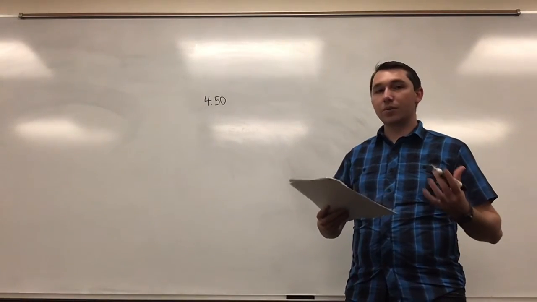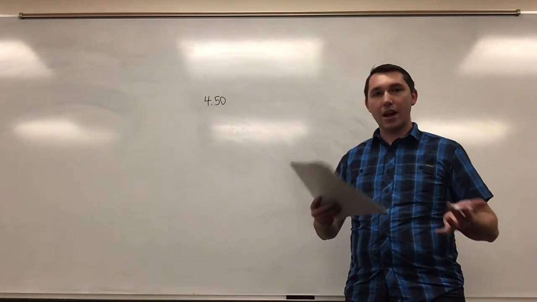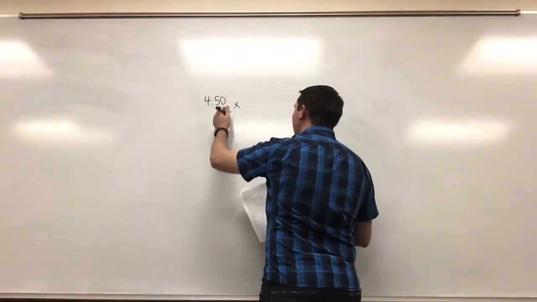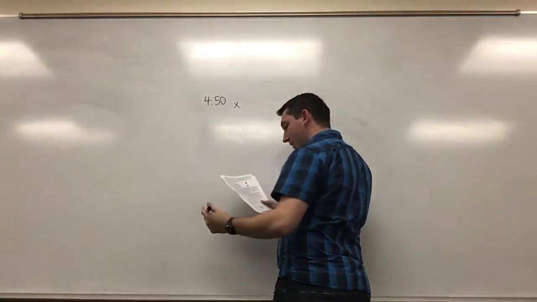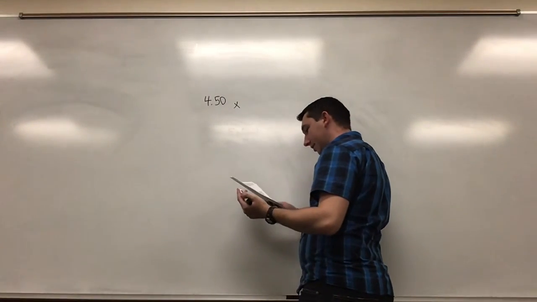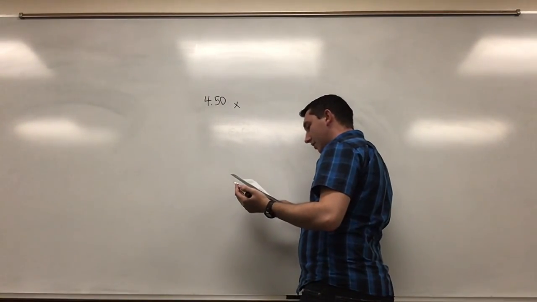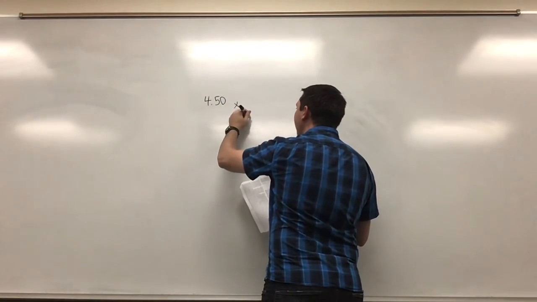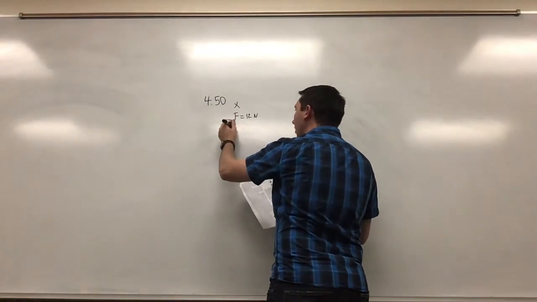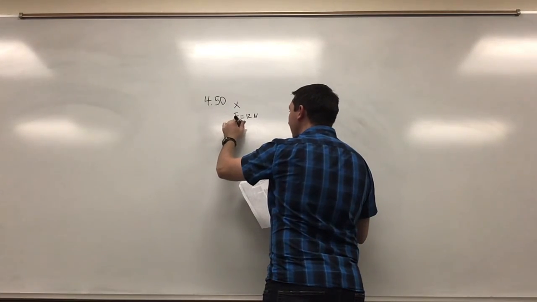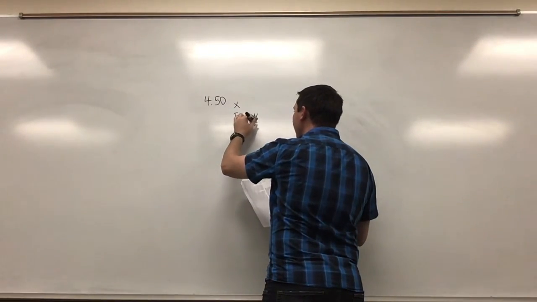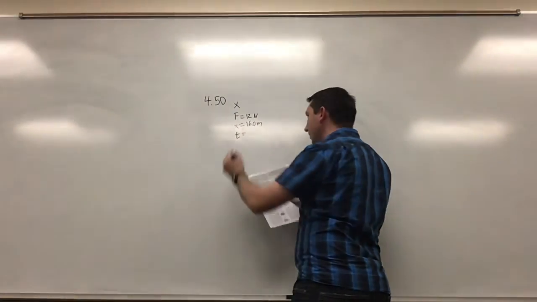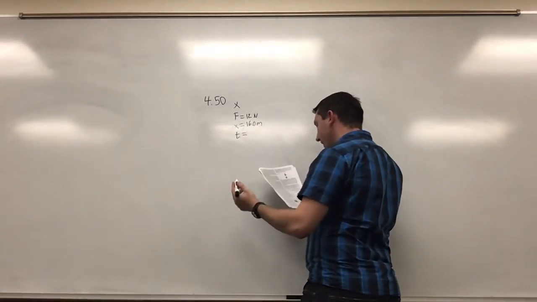So from the start, we know we need to break this into x and y components. For the x, there's a force applied of 12 newtons, a distance of 16 meters, and it takes a time of 2 seconds to go that distance.